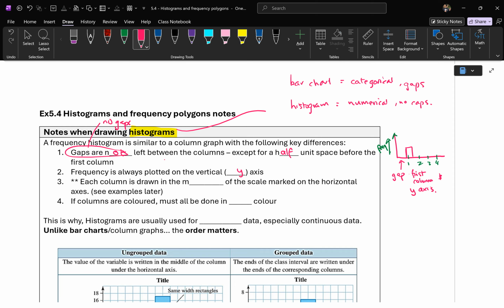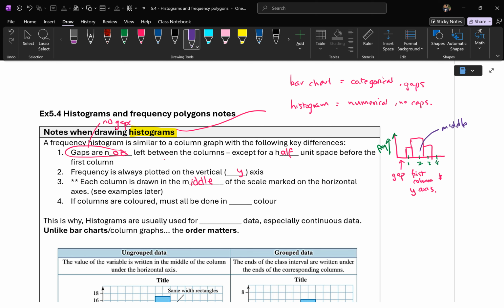Each column is drawn in the middle of the scale. So the way I've drawn it, each bar has to be in the middle of the scale, so I'm going to write here, middle. Needs to be in the middle of the scale and marked on the horizontal axis.